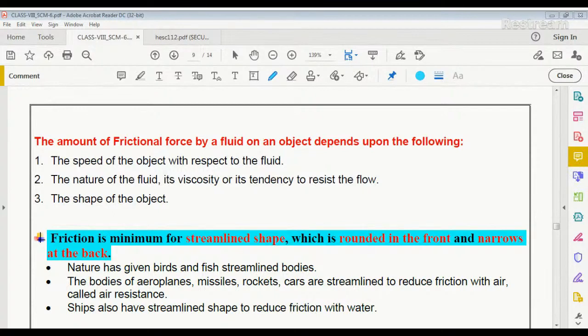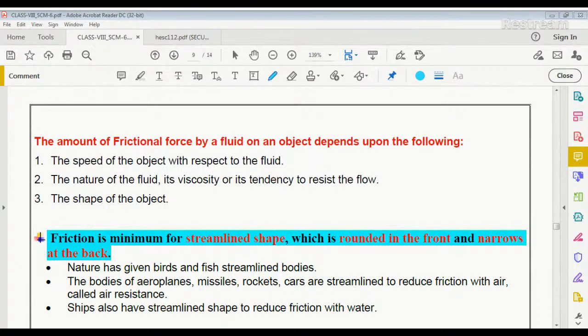The bodies of aeroplanes, missiles or rockets, and cars are streamlined to reduce the friction with air. It is known as air resistance.